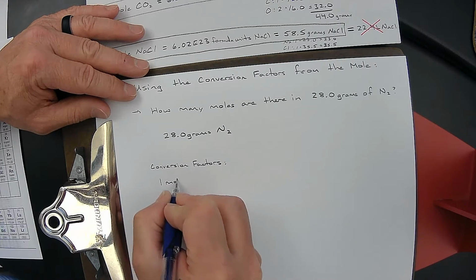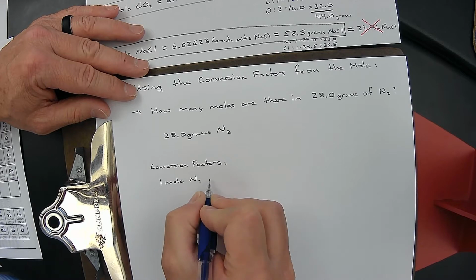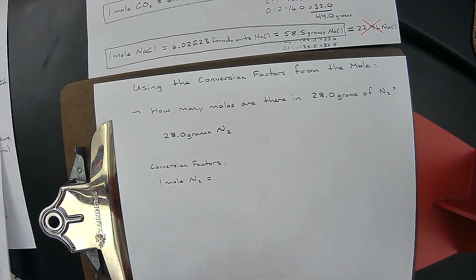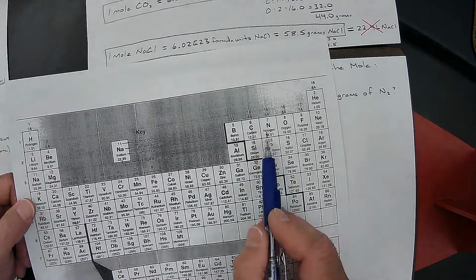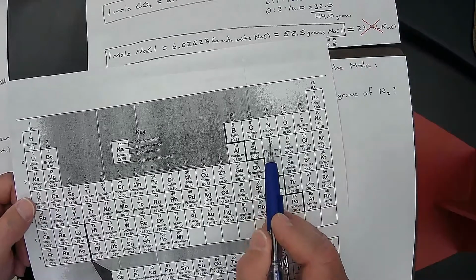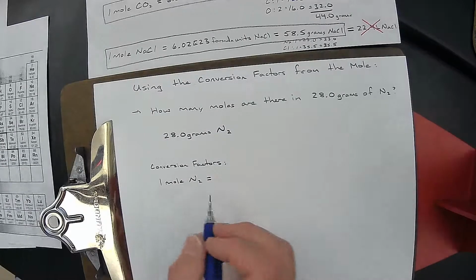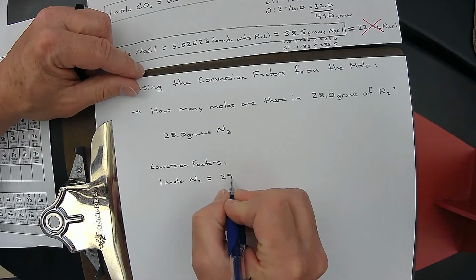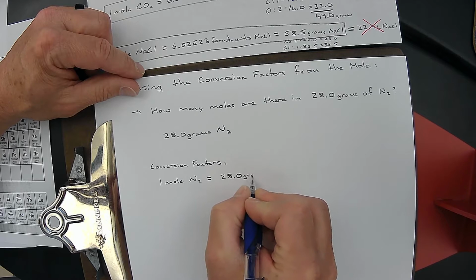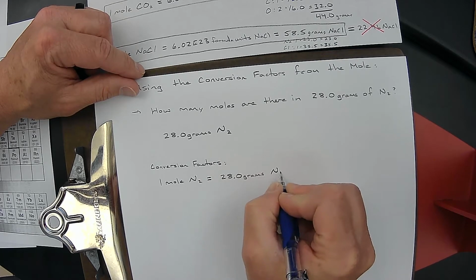We know that 1 mole of N2 is equal to, if we go to the periodic table, each N is worth 14.0. We're going to go to the nearest tenth. So we know that 1 mole is 28.0 grams of N2.